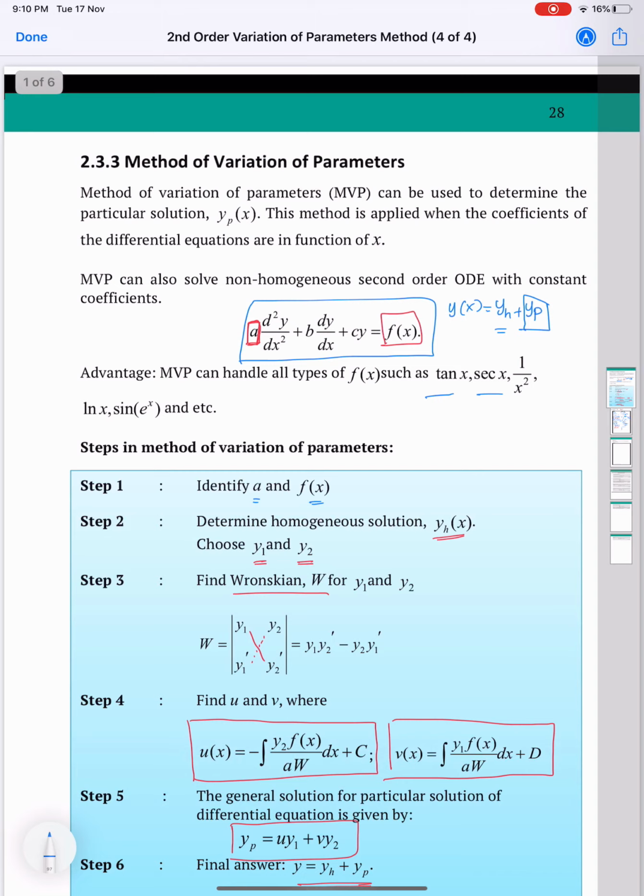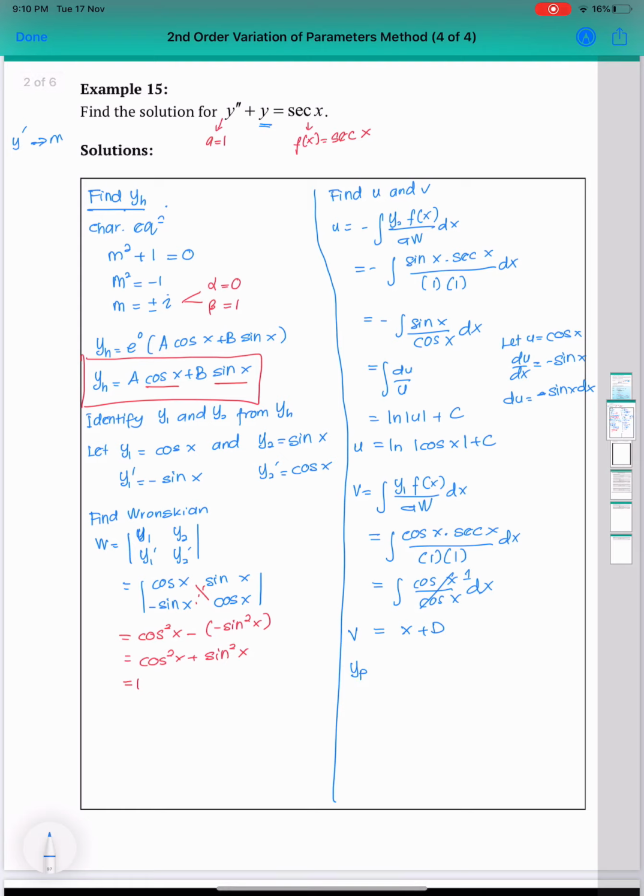And then next step, yp is equal to u y1 plus v y2. So what is your u just now? ln cos x plus c times y1 cos x plus v is x plus d times y2 sin x. So this is my yp. So finally, y(x) is equal to yh plus yp.